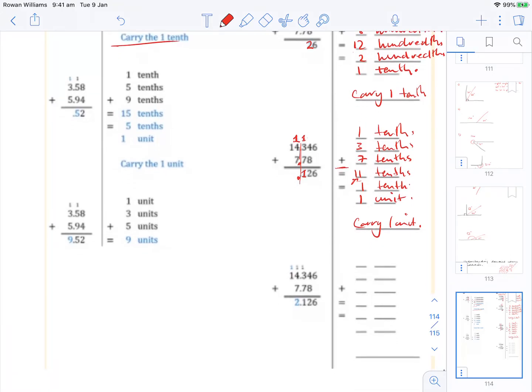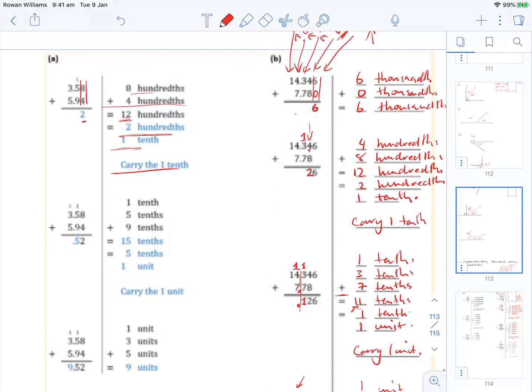All right, so thousandths are done, tick. Hundredths are done, tick. Tenths are done, tick. Onto the units column. You can see what column you're up to because it's highlighted in blue for us as we go through. Once again, I just have to read down to the top. I'm going to add this number here and this number here, and that's going to give me a total. So I've got 1 unit, 4 units, plus 7 units.